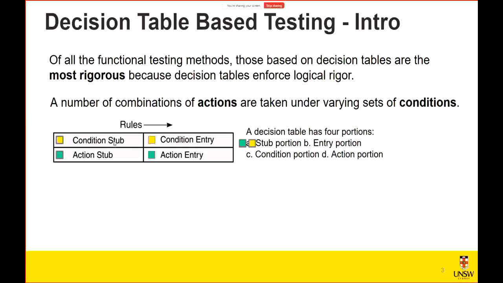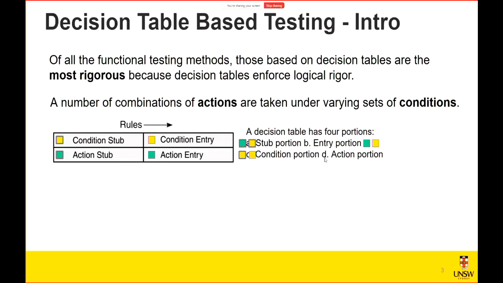So they are not the actual content of the table. So they are basically the headers of the table. And the entry portions are actually where we hold the actual or concrete data. So you can see that these are denoted with the squares with thinner borders.